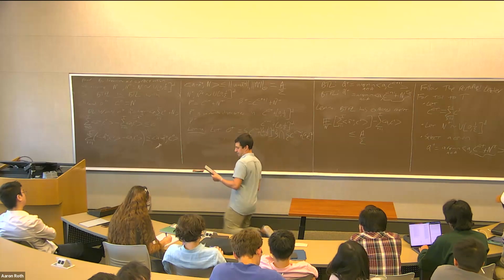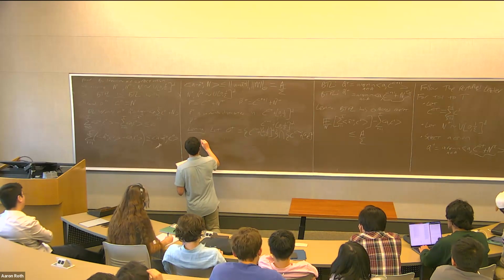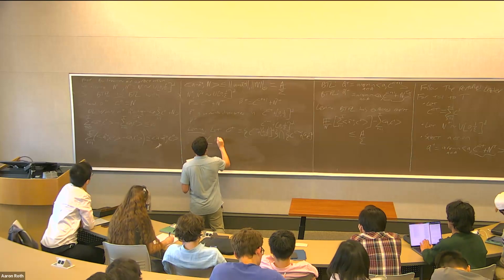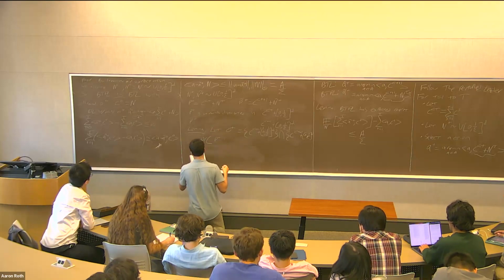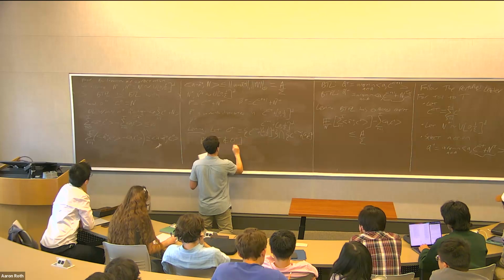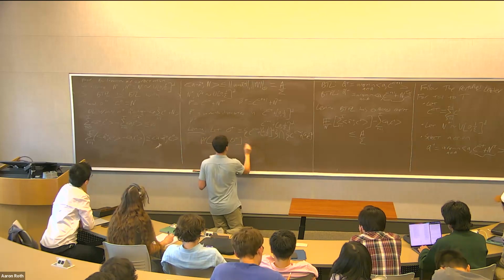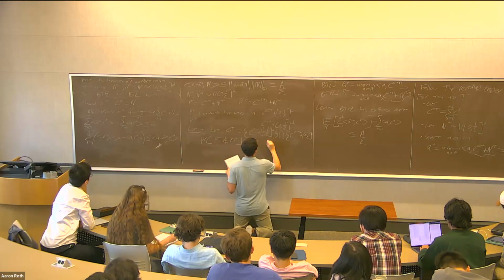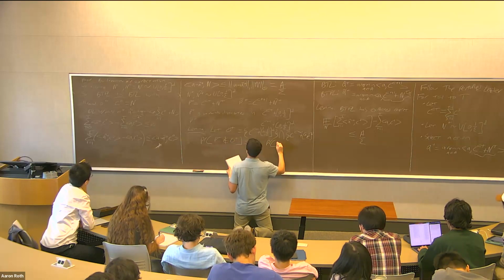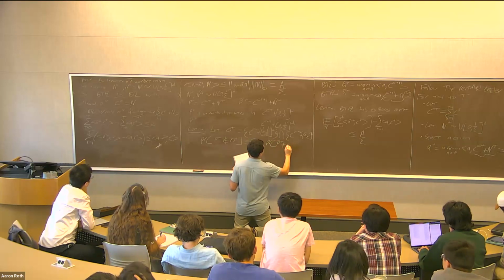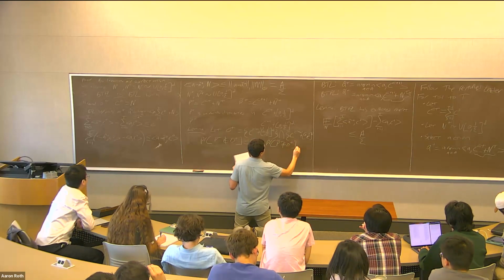The claim is that the probability that Follow the Perturbed Leader's vector does not fall into this overlap region is small. It's less than C times epsilon. And similarly, the probability that Be the Perturbed Leader's vector does not fall into this overlap region is small.